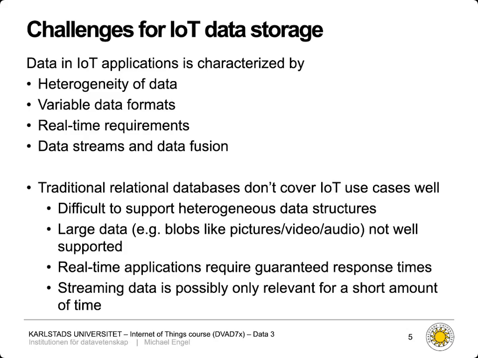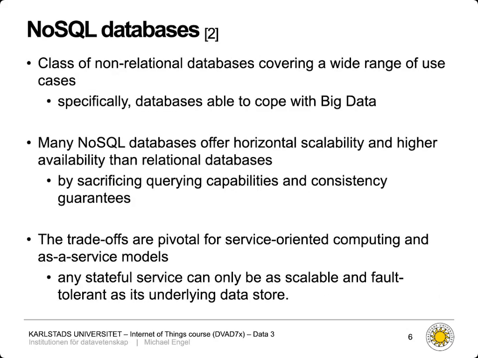So that's why NoSQL databases were introduced also in the IoT. They have been used in several different contexts before, especially in very many web databases. For example, if you want to store a blog, the blog article isn't really well suited for storage in a relational database.